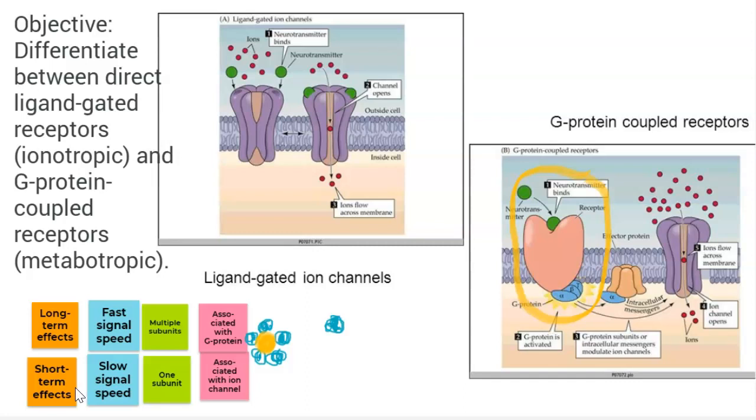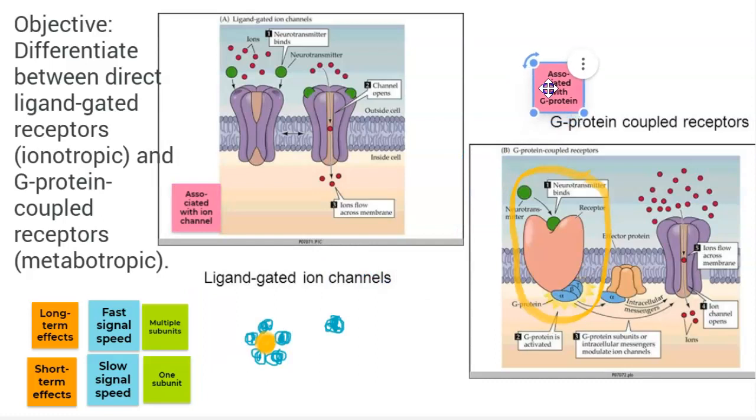So I'll start with the easy one. The one that is associated with an ion channel is the ligand-gated ion channels. And the one that is associated with the G protein is the G protein coupled receptors. So hopefully that's a little bit obvious.